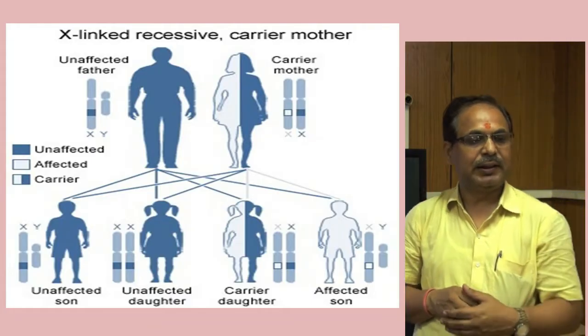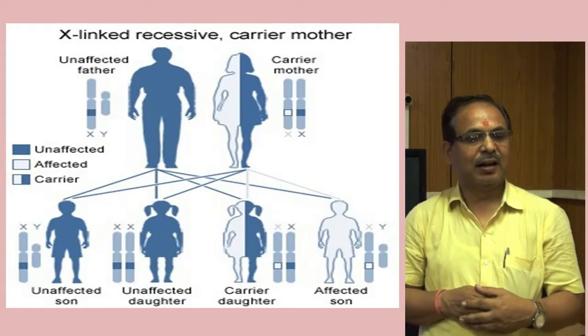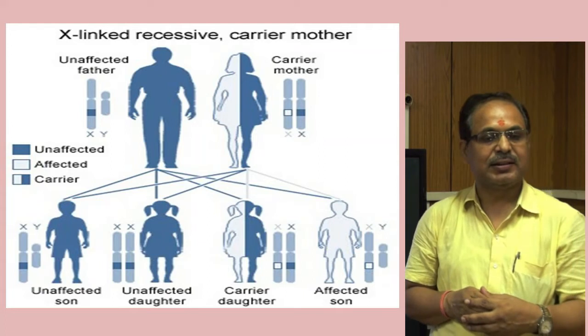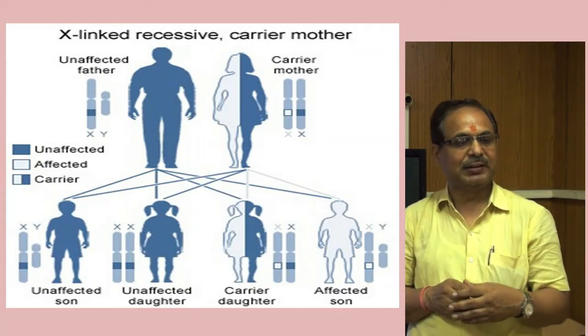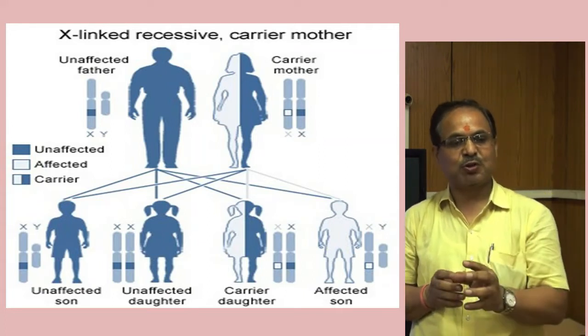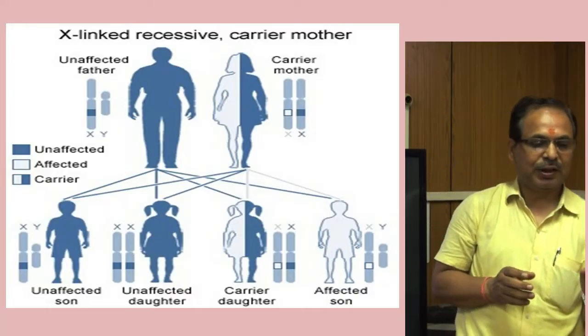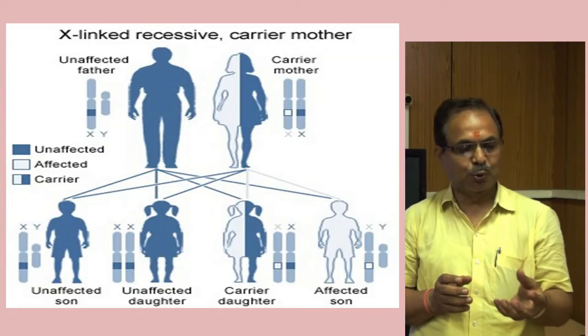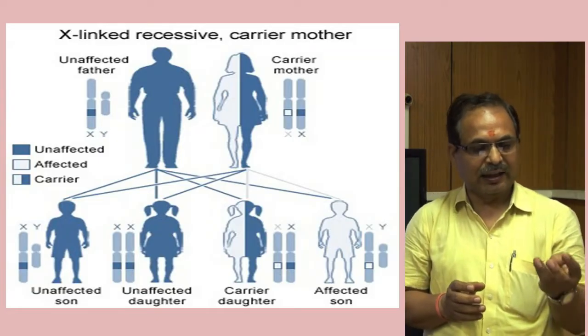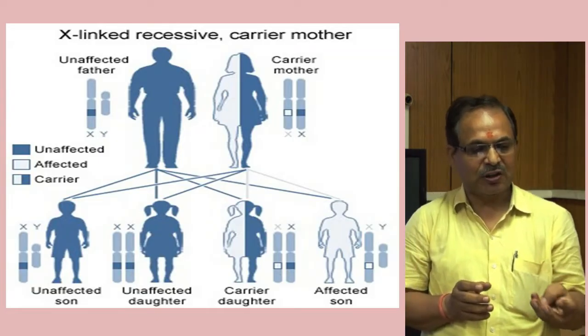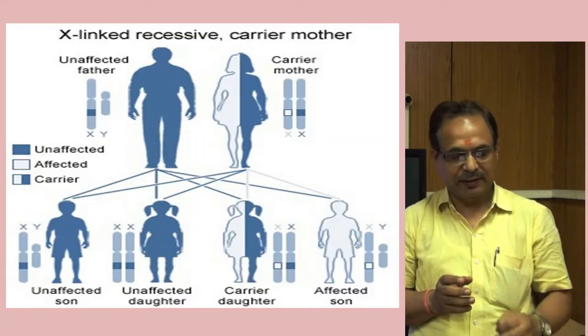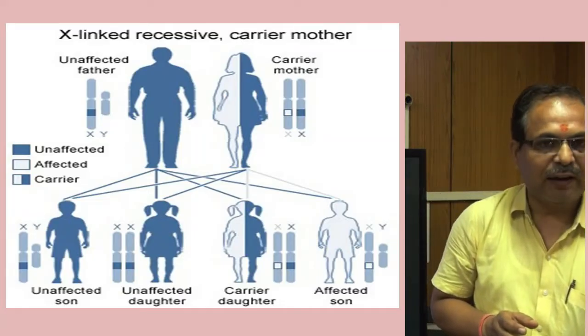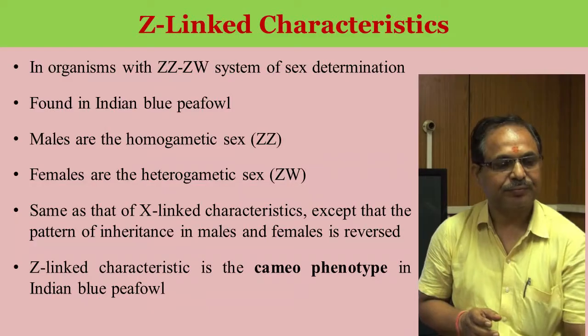We can see here X-linked recessive characters and carrier mothers: when unaffected fathers are crossed with carrier mothers, in the F1 generation, the progeny include one unaffected son, one unaffected daughter, one affected son and one carrier daughter.